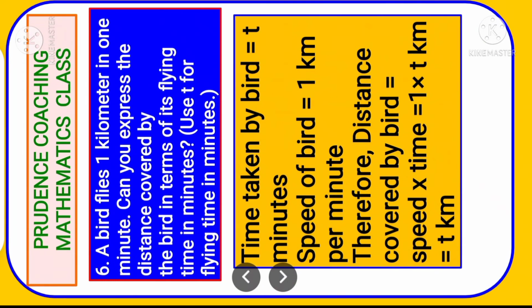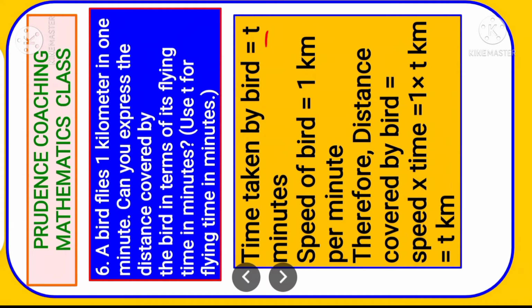So let us apply this. The time taken by the bird is given to be t minutes according to the question. The speed of the bird is 1 kilometer per minute, that is 1 kilometer divided by minute. You can write it like this. The distance covered by the bird equals speed into time, as I have discussed.